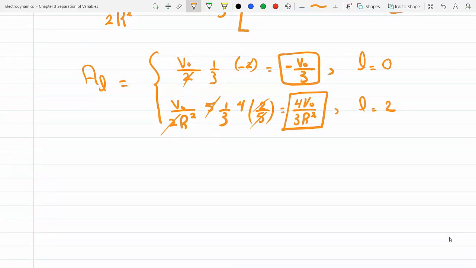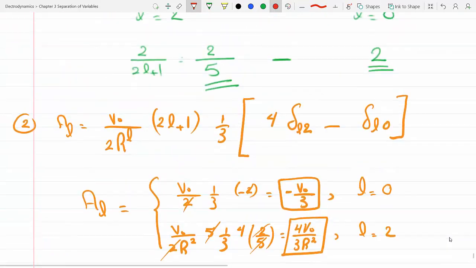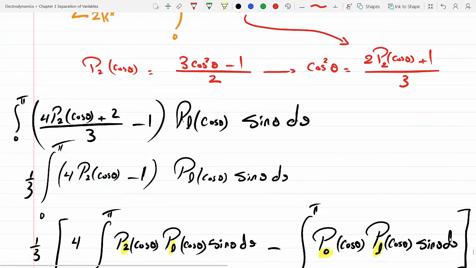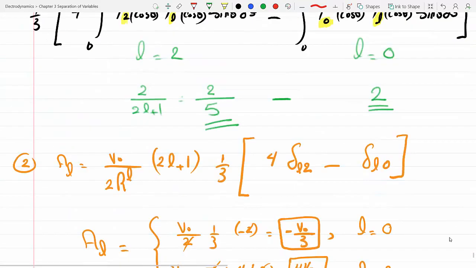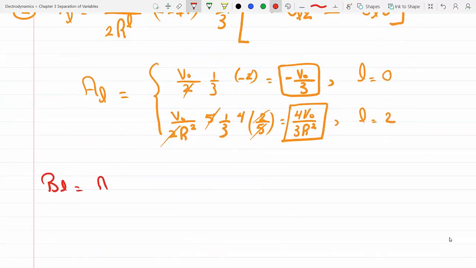Actually, let's find BL and then we can just write them together. Now BL, since I found AL, they're related. So it's just AL times R to the 2L plus 1.